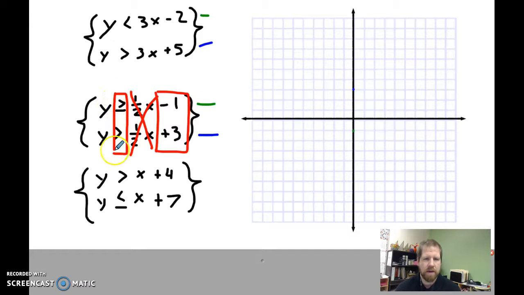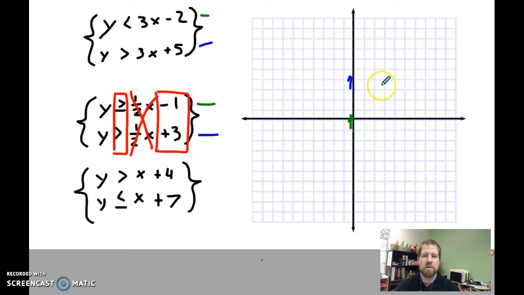And now looking at my signs, I have for my green line a greater than or equal to, meaning my values are going to be above it. Okay, and for my blue line I have a greater than, meaning my values are going to be above it. So that means, because these lines are going to be parallel, my green solutions will completely cover all of my blue inequality's solutions.